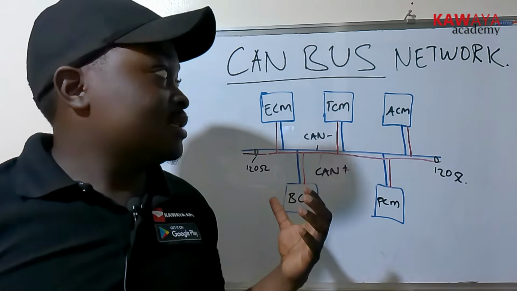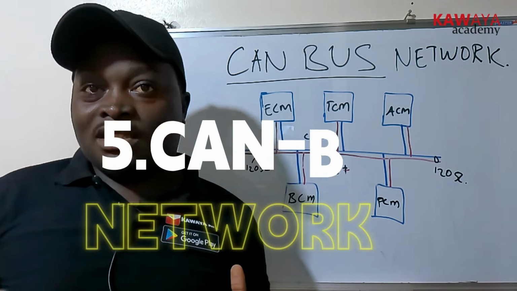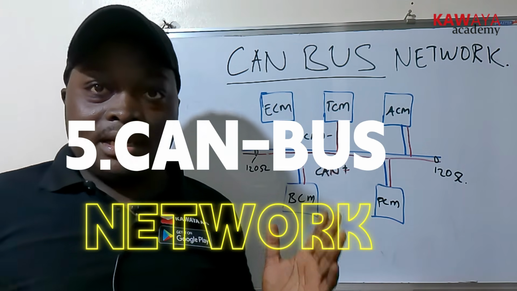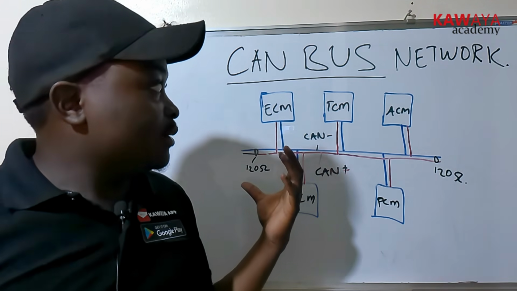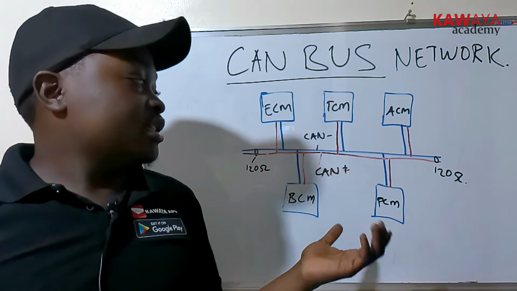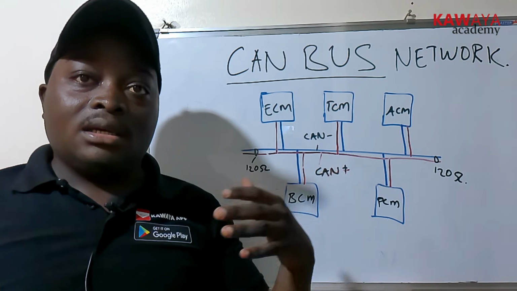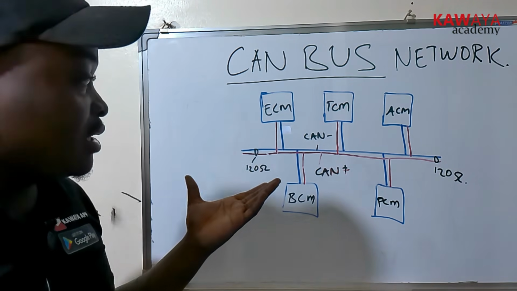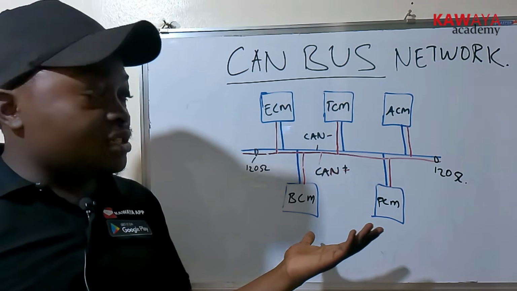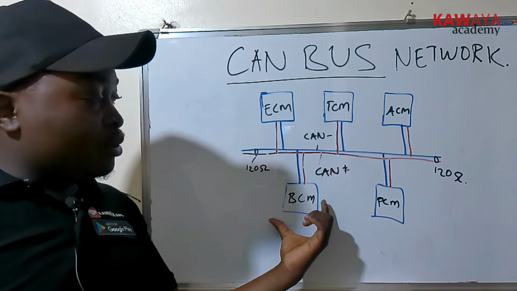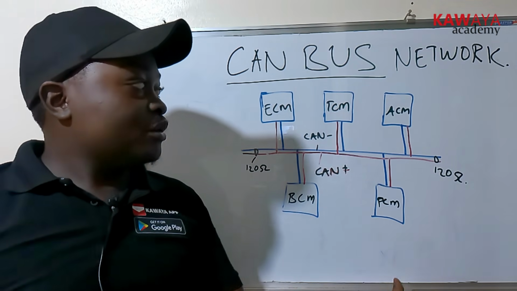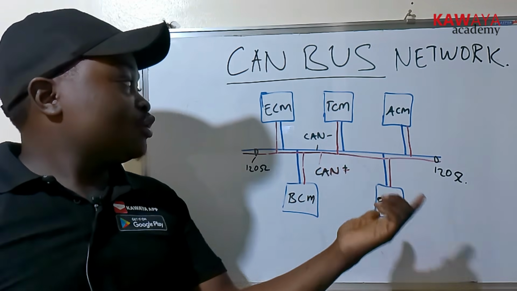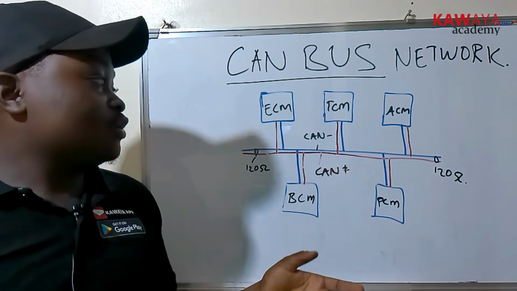Okay, let's see the CAN bus network system. Basically, the CAN bus network is a network system that connects different computers within the vehicle. As you can see here, we have these different subcomputers: the body control module, powertrain control module, airbag control module, transmission control module, engine control module, and so on.